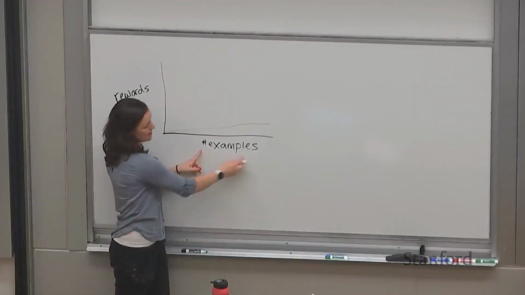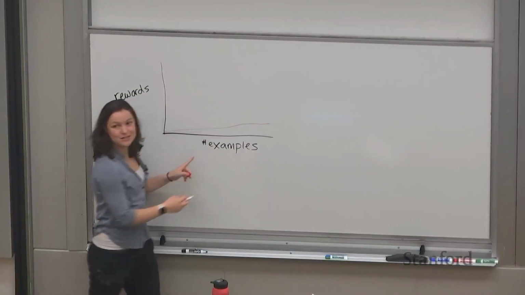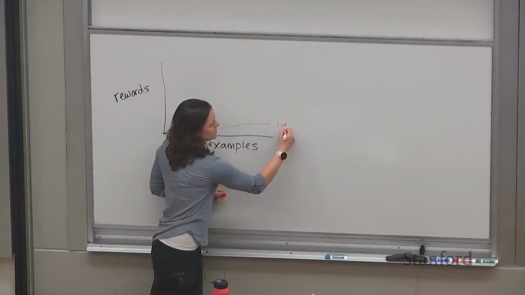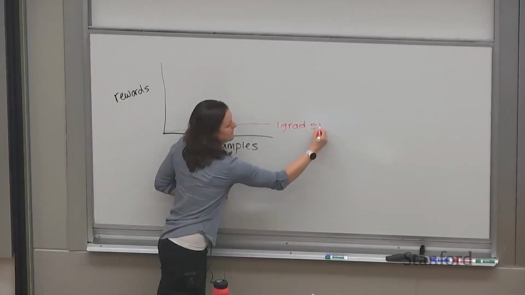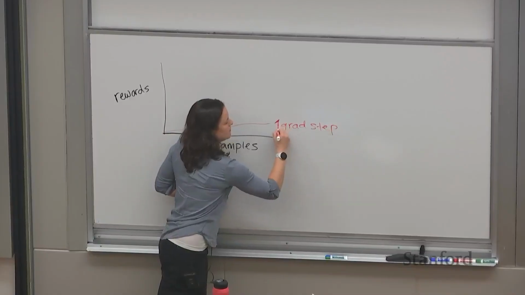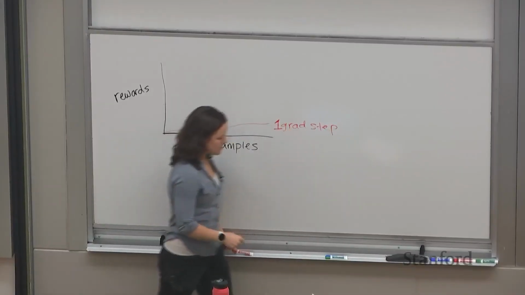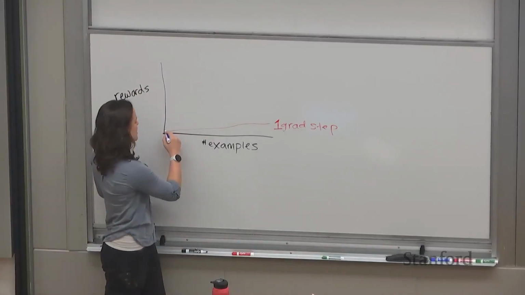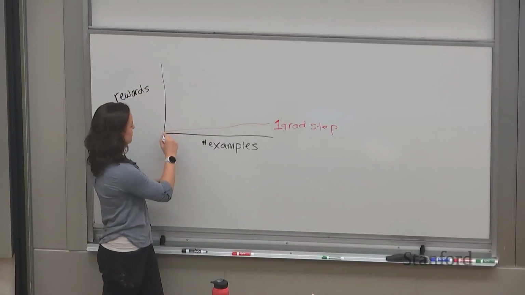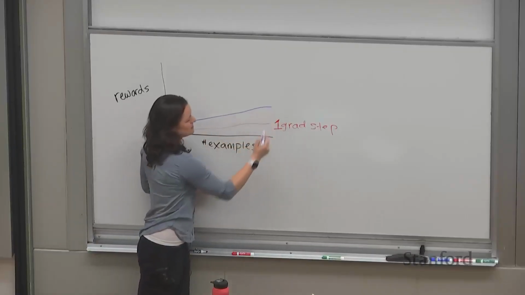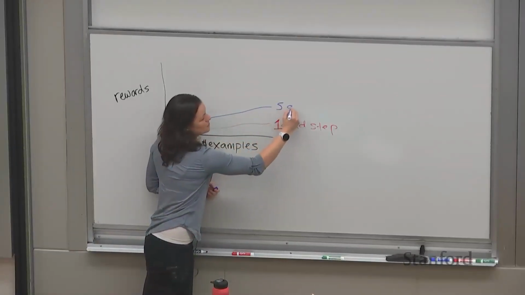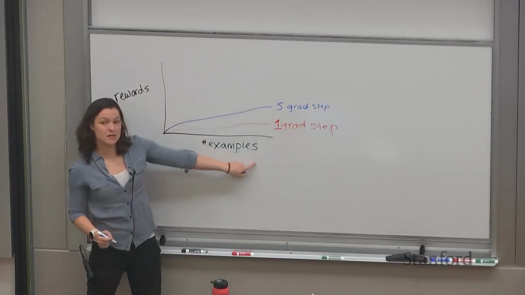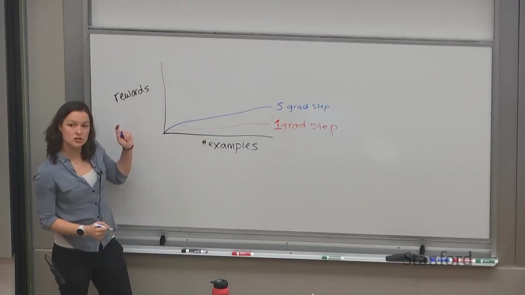That means it's going to take many, many data points in order to learn. So this is for one gradient step. Now say you increase this a little bit, so you take 5 gradient steps, then you should learn a little bit faster. So maybe you'll learn something like this, because you're taking more gradient steps per data point. With respect to the amount of data that you're collecting, your reward should increase more.